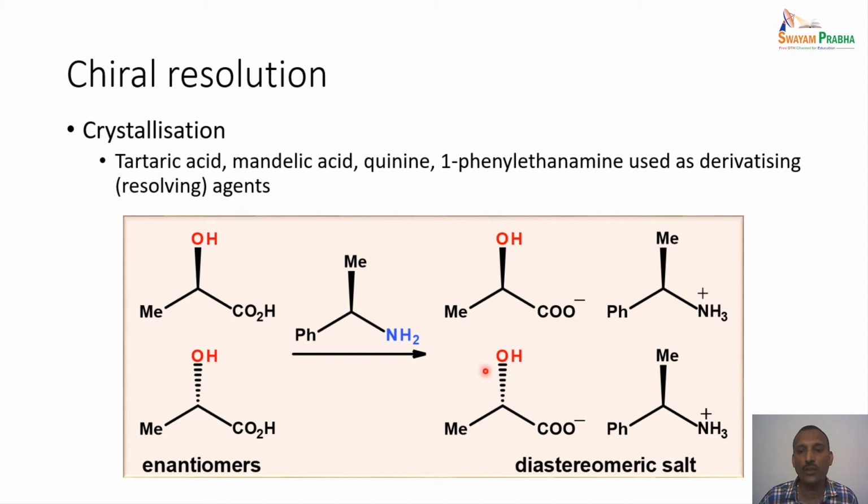Once they are separated, we can cleave the amine part from the carboxylic acid by treatment with an acid, which regenerates the enantiomer in single 100% pure form. In the same way the other acid can also be separated. In other words, these two enantiomers can easily be separated by crystallization methods.